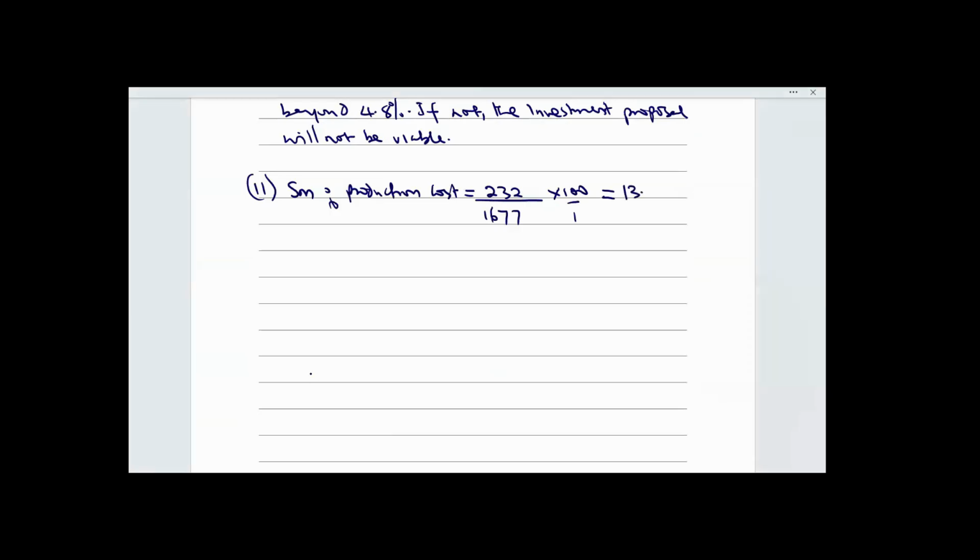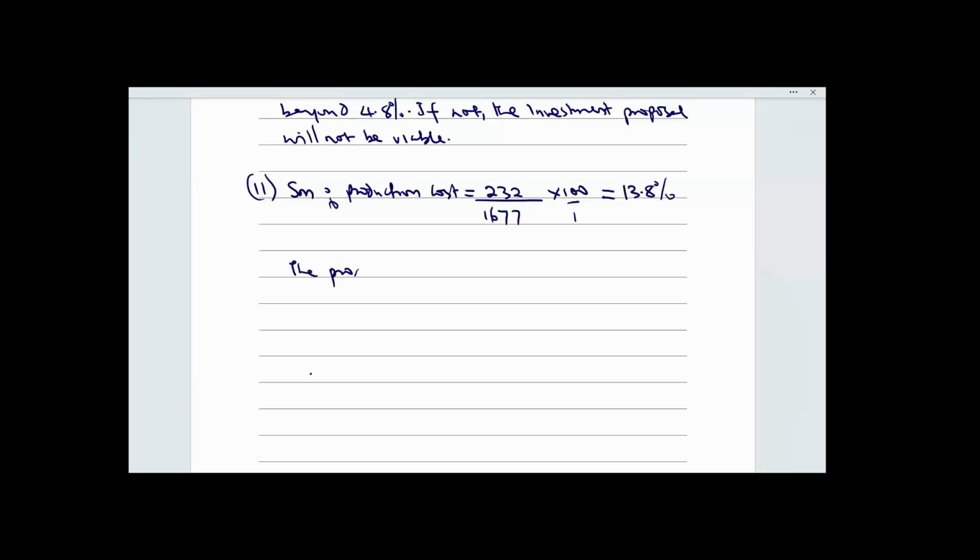Here is 13.8%. So this is the tolerable level to which production costs can increase. This is the maximum increase in production costs. At any point above this 13.8, the project will become unviable. Again, you need to interpret your results.